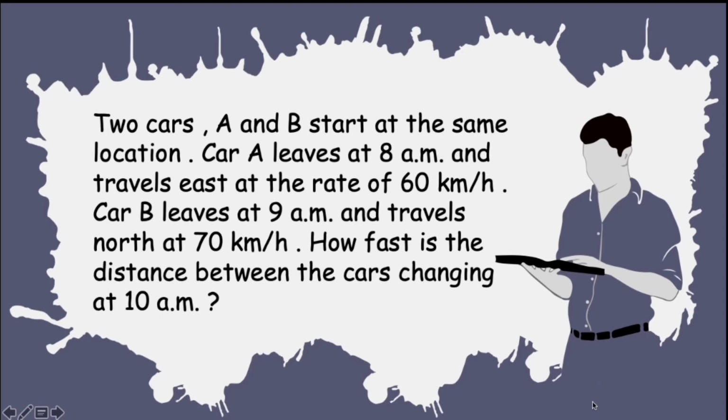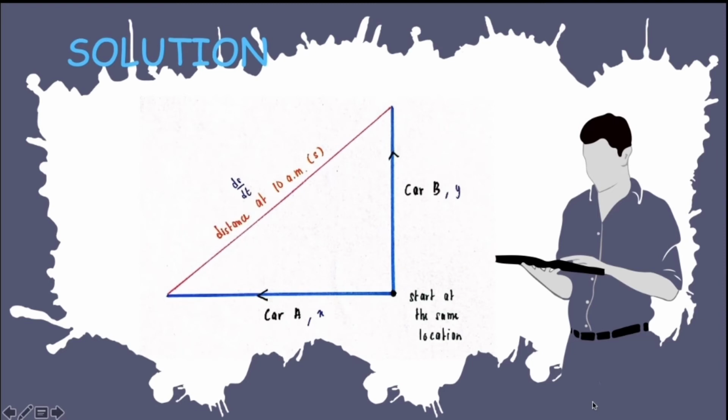At 10 a.m. we see that car A travels x distance at a rate of 60 kilometers per hour, while car B travels y distance at a rate of 70 kilometers per hour, and both reach their locations by 10 a.m. The distance at 10 a.m. is represented by s, and the speed is ds over dt.